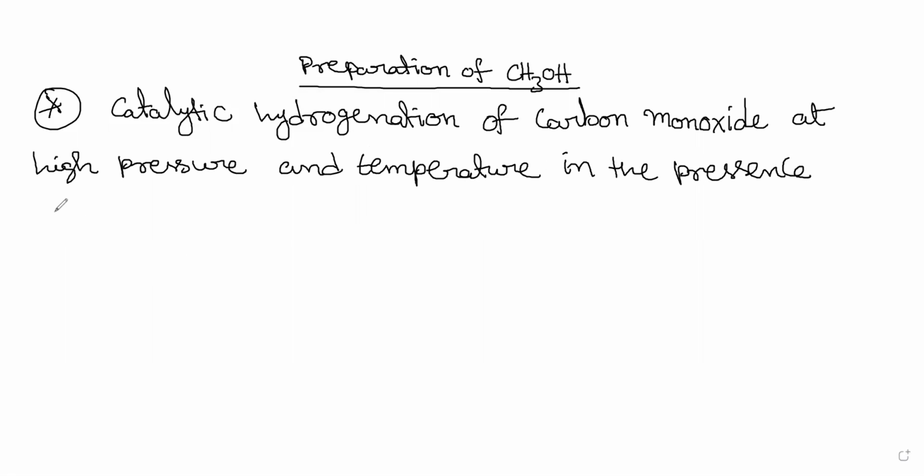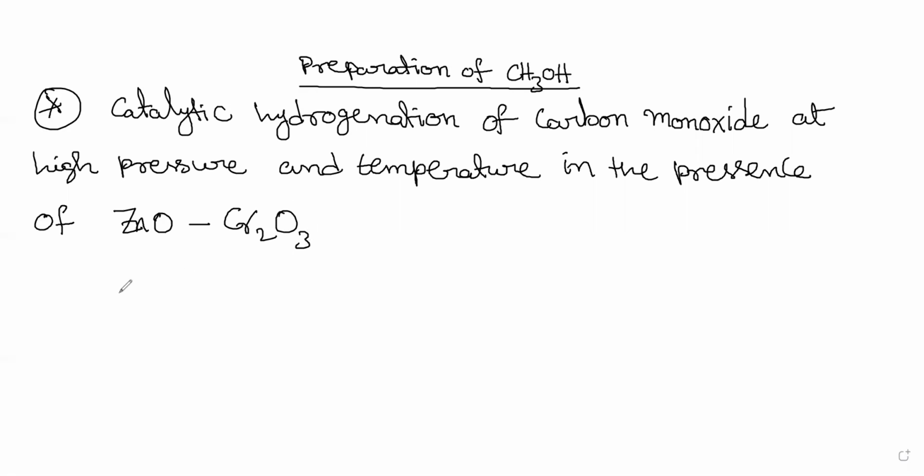in the presence of ZnO, zinc oxide, and Cr2O3. This is important. Once it was asked, what is the catalyst used in preparation of CH3OH? That is zinc oxide and chromium oxide catalyst.